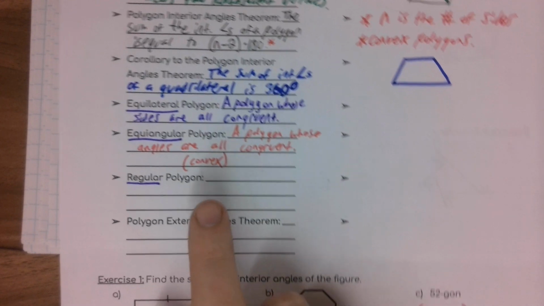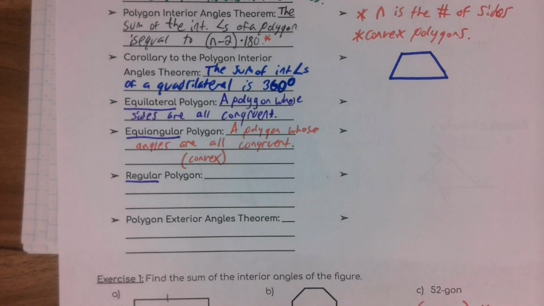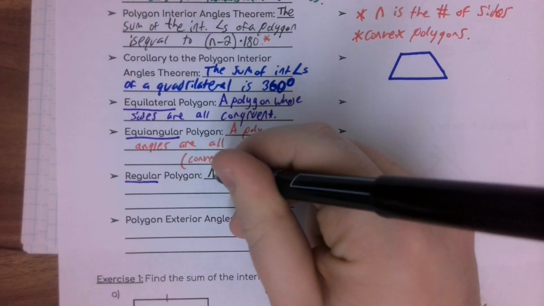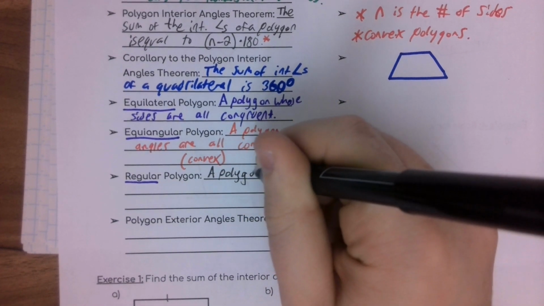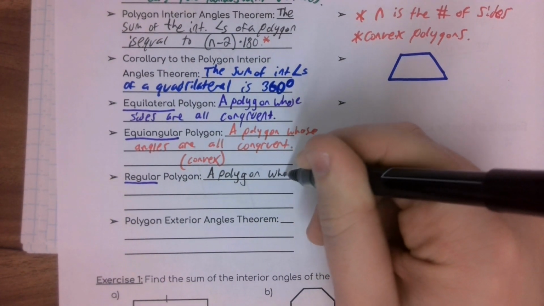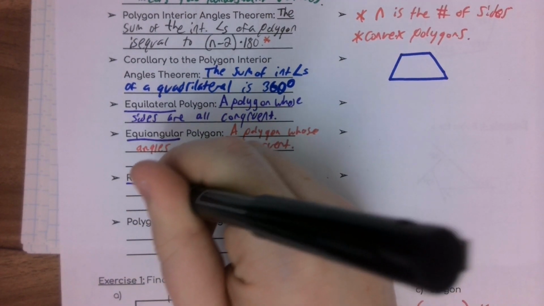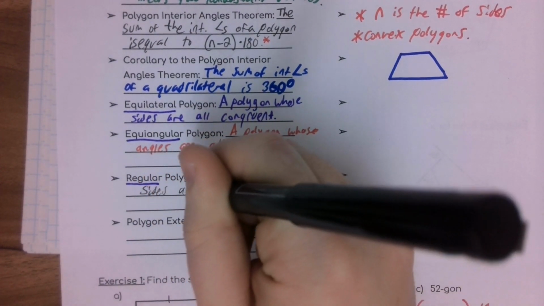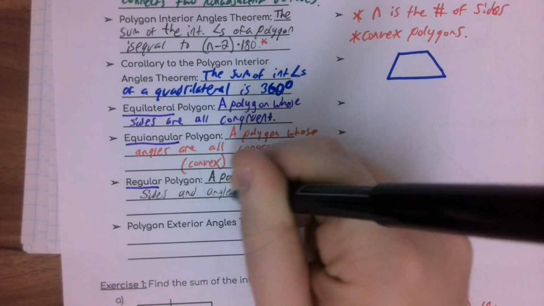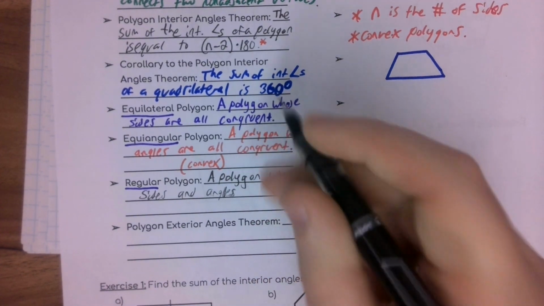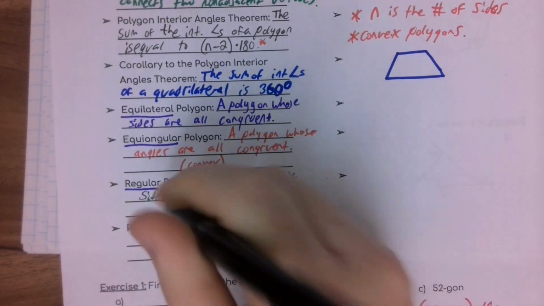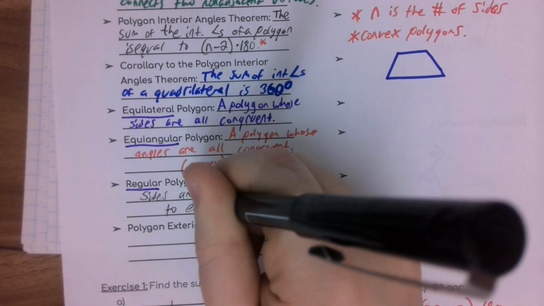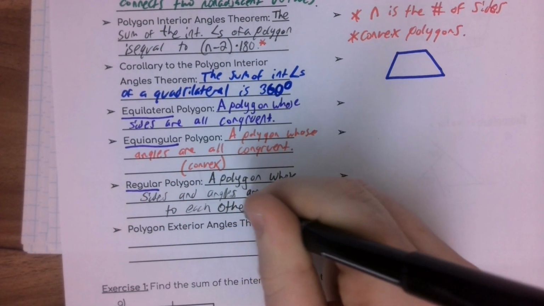So a regular polygon is just something that combines those two ideas. It is a polygon whose sides and angles are congruent to each other.